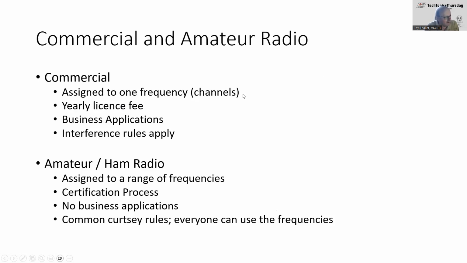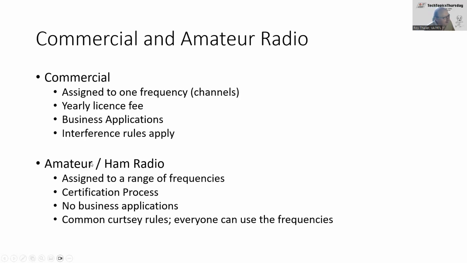For example, you might have the frequency for here in Vancouver, but they may sell the same frequency to someone in Prince George because the 2 locations are far enough away that they're not going to interfere. You pay your yearly license fee, which can, I think, be anywhere from $50 to $150 per year. You can talk about business, and interference rules also apply. So these are frequencies that you paid for, and these typically are used for commercial operations.